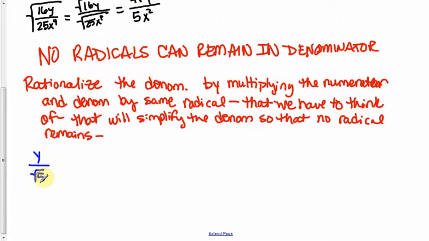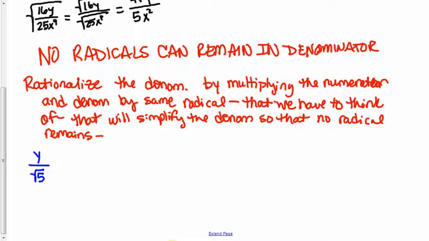This is a very simple example to start with, a perfect one to start with. Can you take the square root of 5? Now, I don't want decimal approximations. Can you take the square root of 5? No. Okay? So, we are going to rationalize the denominator by multiplying the numerator and the denominator by the same radical so that we'll simplify the denominator so that no radical remains.